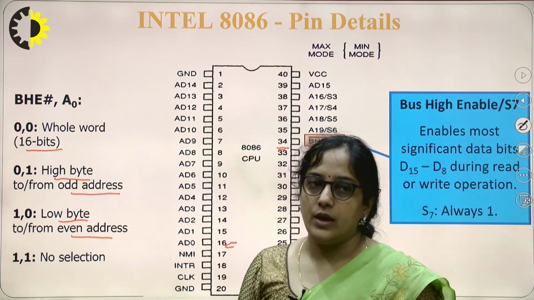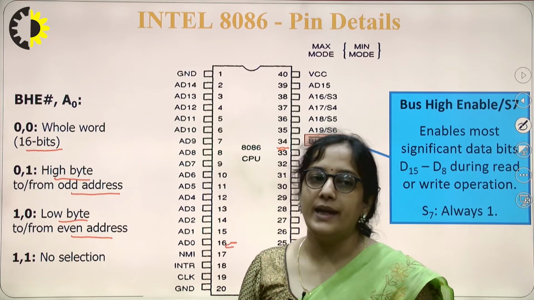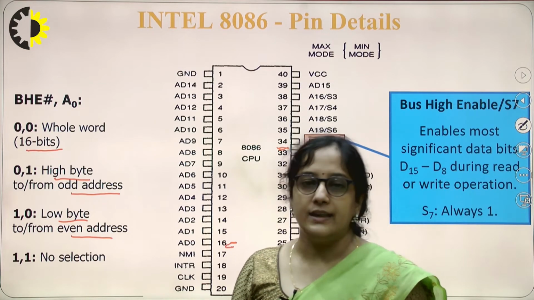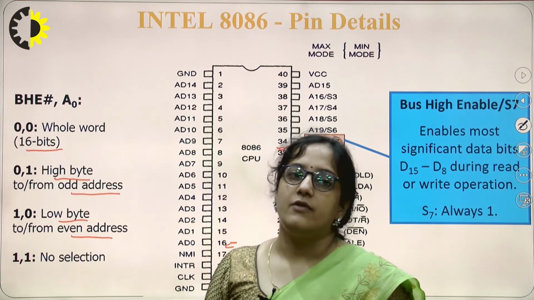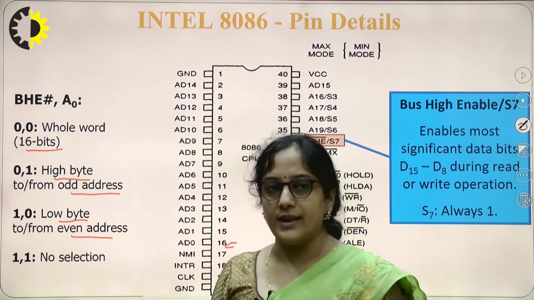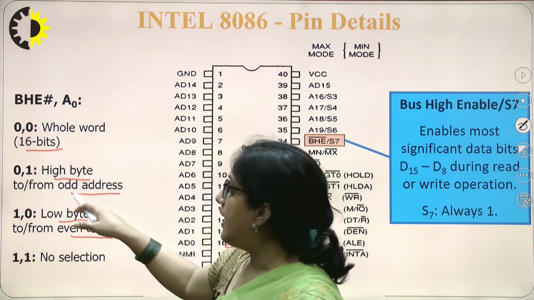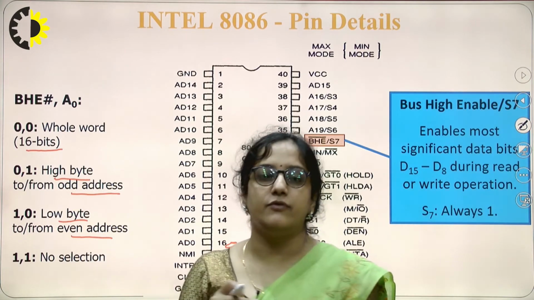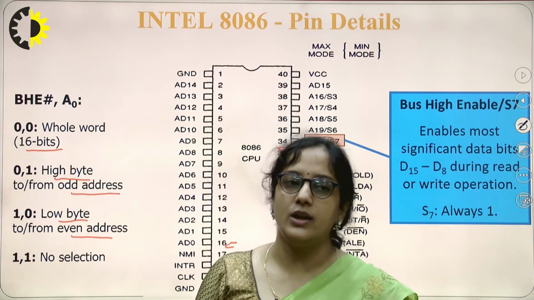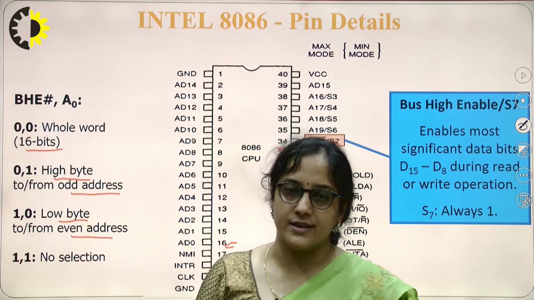If we are selecting the low byte from an even address, then we are reading only 8-bit data at a time. If we are reading the high byte from an odd address, then two cycles are needed, one for even address data collection and another for odd address data collection.